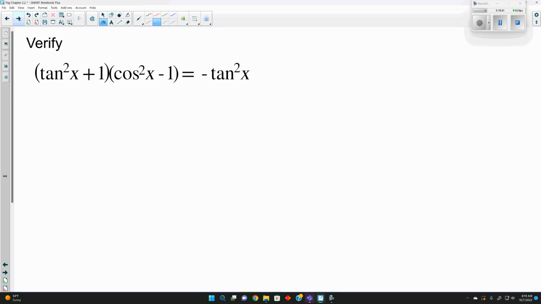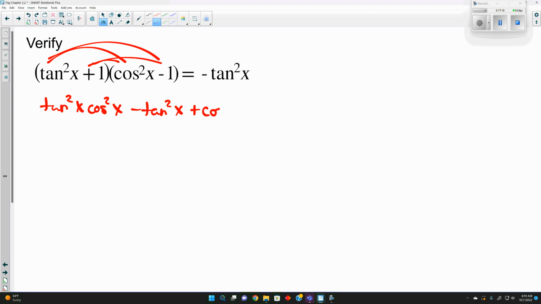But we do have two things multiplied together, yes? Just want to multiply. Tangent squared of x times cosine squared of x. Tangent squared of x times negative 1 is negative tangent squared of x. 1 times cosine squared of x is going to be plus cosine squared of x.